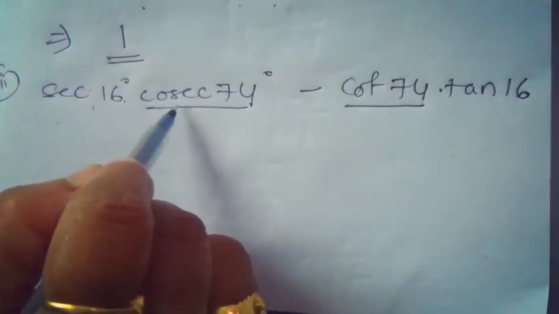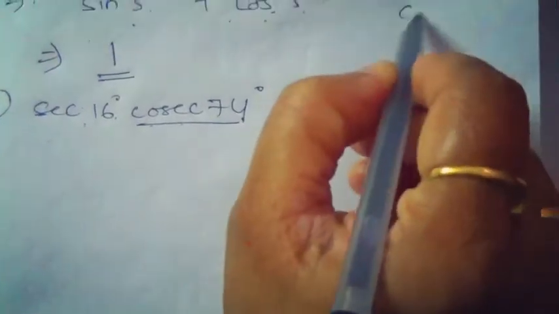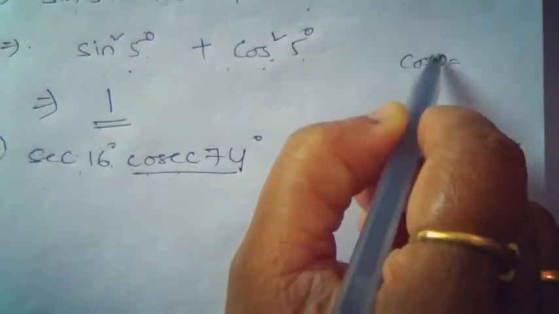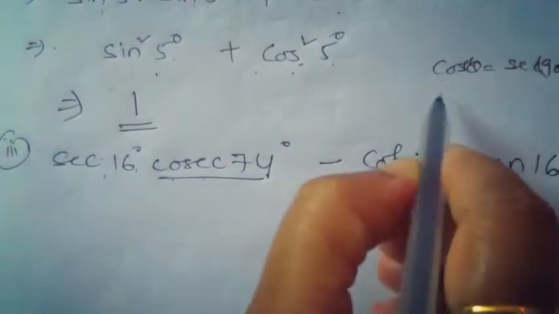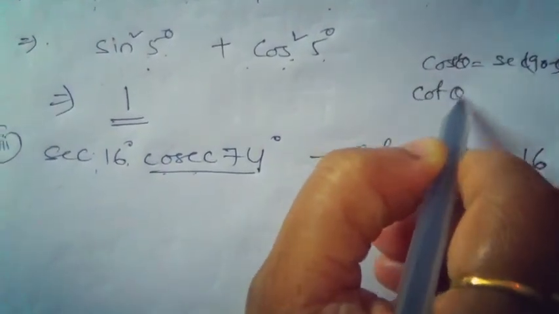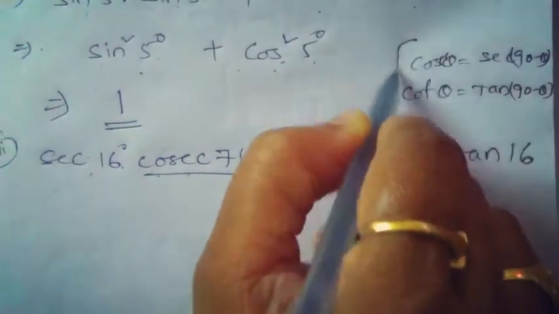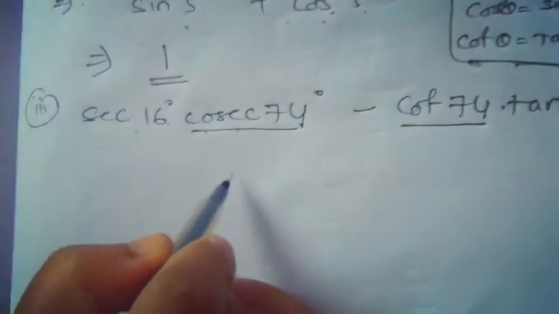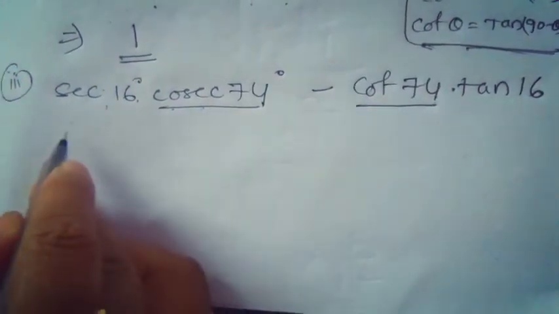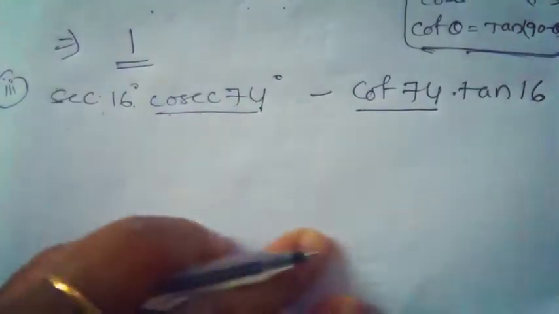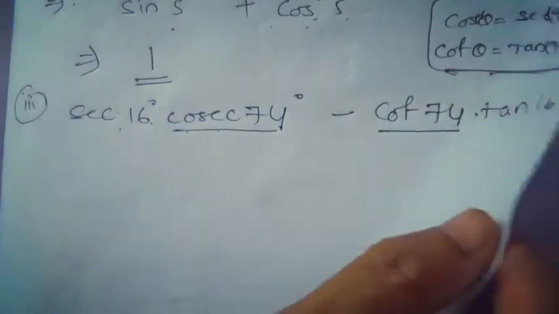In the place of cosecant 74, we have the formula cosecant theta is equal to secant 90 minus theta, and cot theta is equal to tan 90 minus theta. By using these two formulas you just solve it. Is it okay for you? You just try it, and tomorrow you can ask me when you have a doubt.